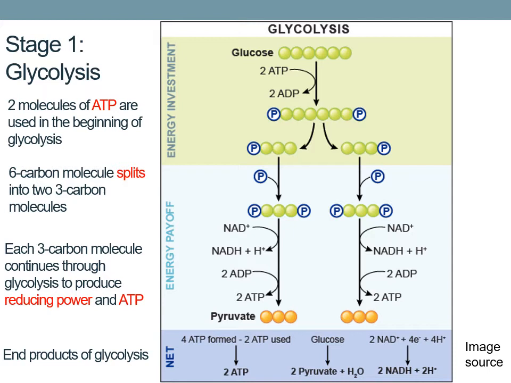By the end of this phase, 2 molecules of pyruvate and 2 molecules of NADH are produced. Also, 4 molecules of ATP are made, but because we used 2 molecules of ATP in the beginning of glycolysis, there is only a net gain of 2 ATP molecules.